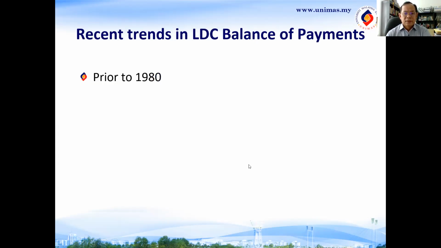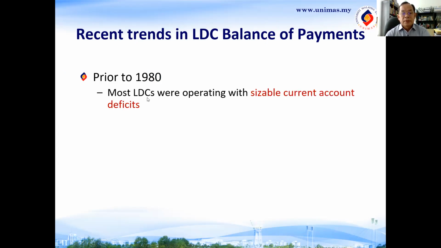Kena dengan perkara tersebut. Now, in terms of recent trends in the LDC balance of payment, ini since the 1980s, yeah, or prior to the 1980s, for example, most less developed countries ataupun developing countries were operating with sizable current account deficits.